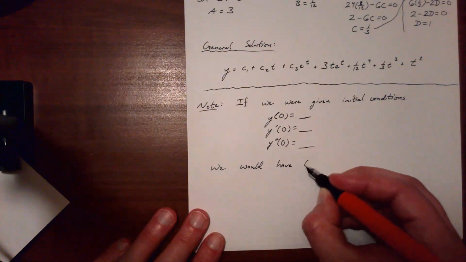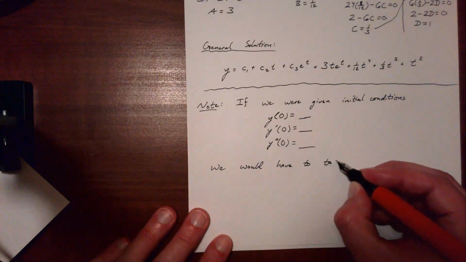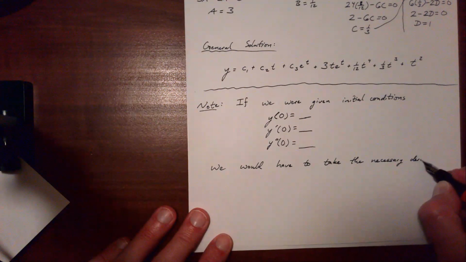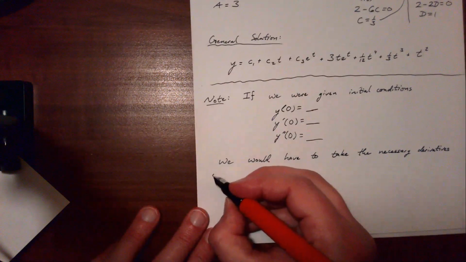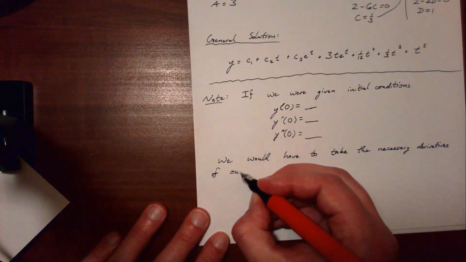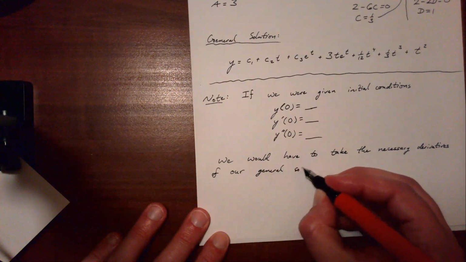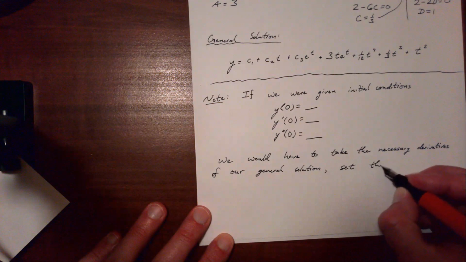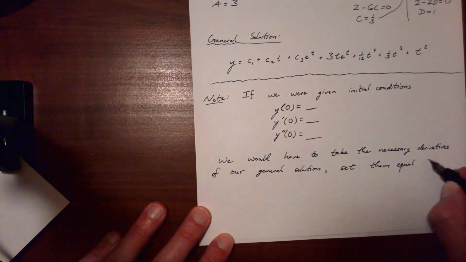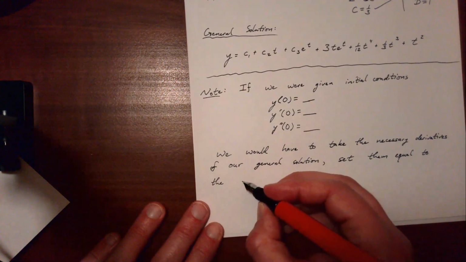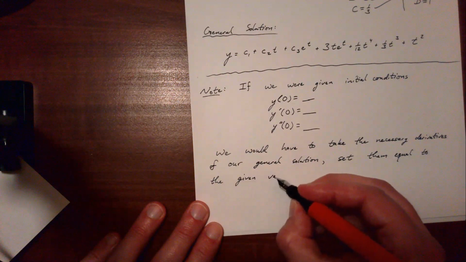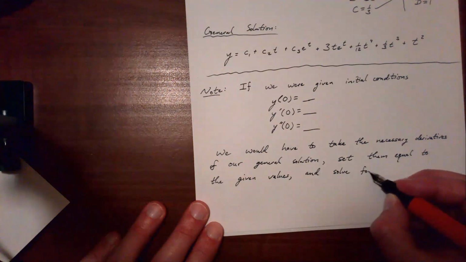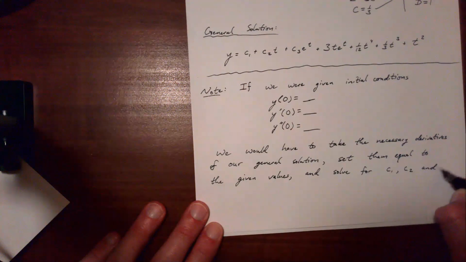we would have to take the necessary derivatives of our final answer, our general solution, set them equal to the given values, and solve for C1, C2, and C3.